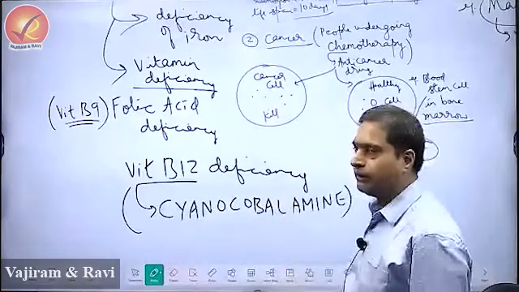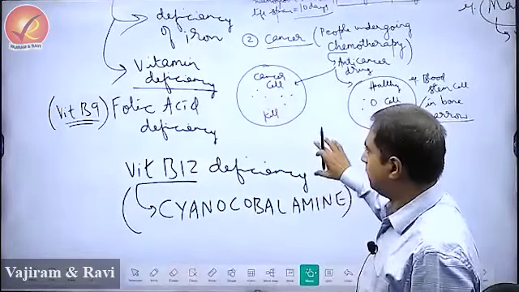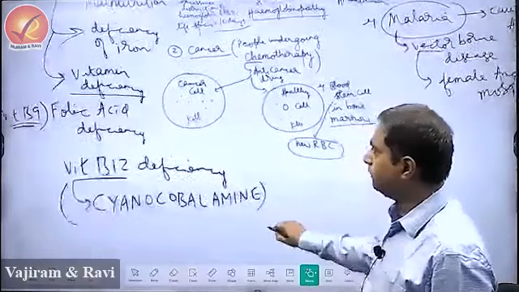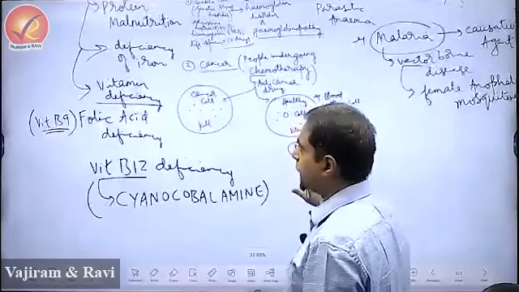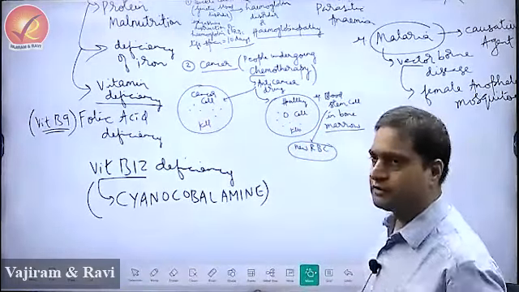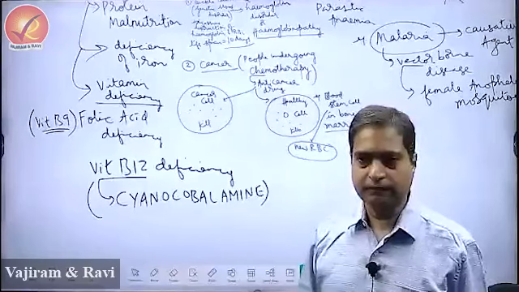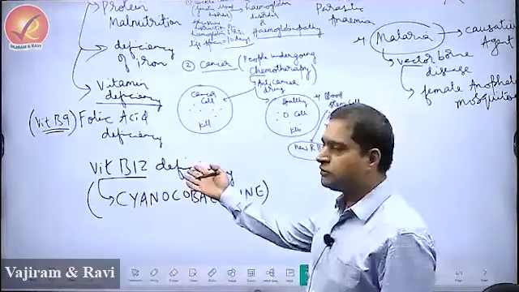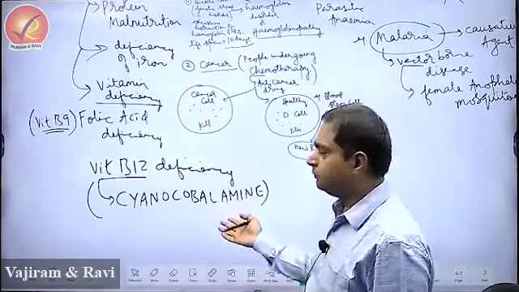So this is vitamin B12. Now both folic acid and B12 are essential for the production of new RBC in your body. Just now we discussed there is production of red blood cells in your body. For production of these red blood cells, your body requires these two important vitamins, B9 and B12.